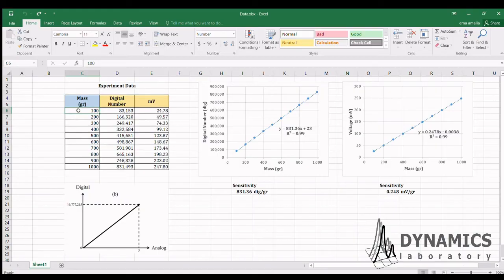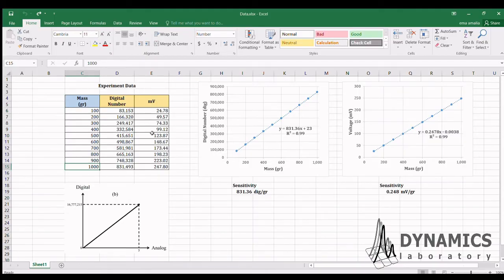This is the experiment result. On the first column is the mass that we put in the weighing scale. I took the data starting from 100 grams up until 1000 grams. On the second column is the digital number provided by Arduino. The Arduino LCD will show the digital number based on how many grams you put in your weighing scale.